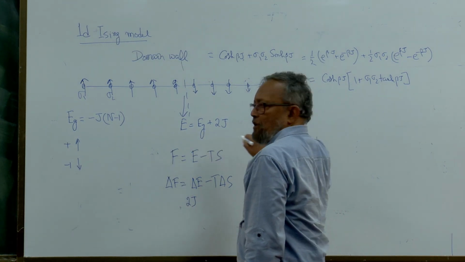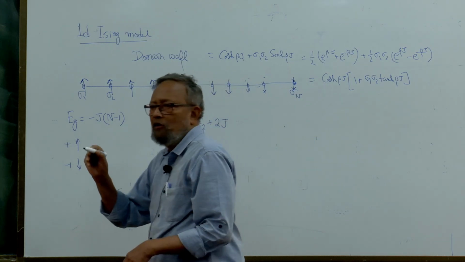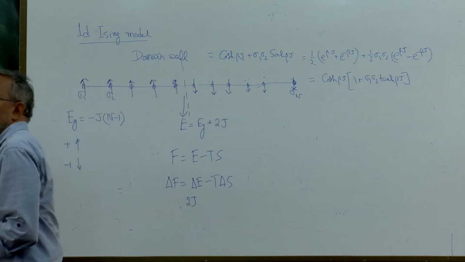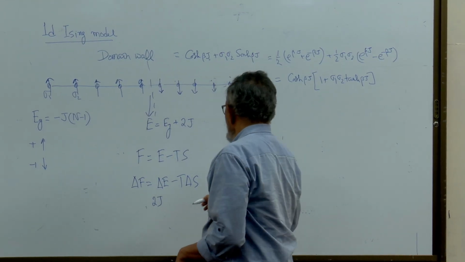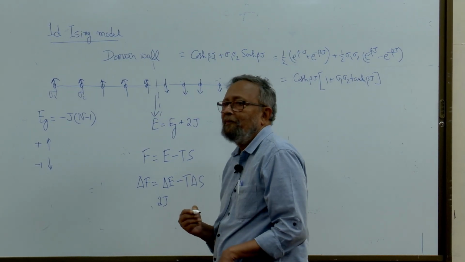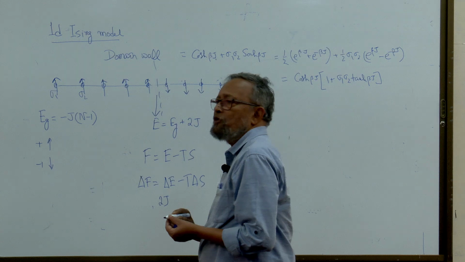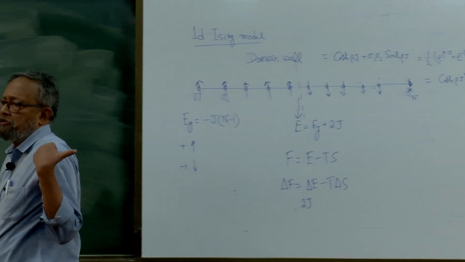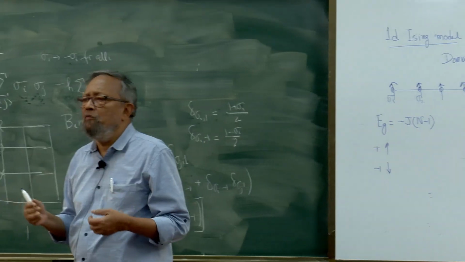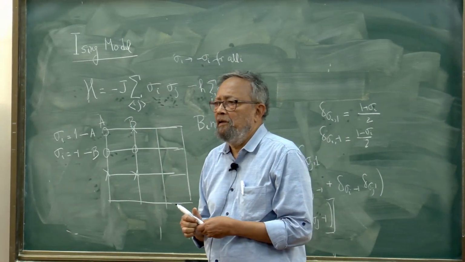All this manifold of states where you have a domain wall has extra energy 2J. So it increases the energy by 2J. But what is this delta S? The entropy of the ground state, if you just consider one of these ground states, is 0, otherwise it's log 2 or something.